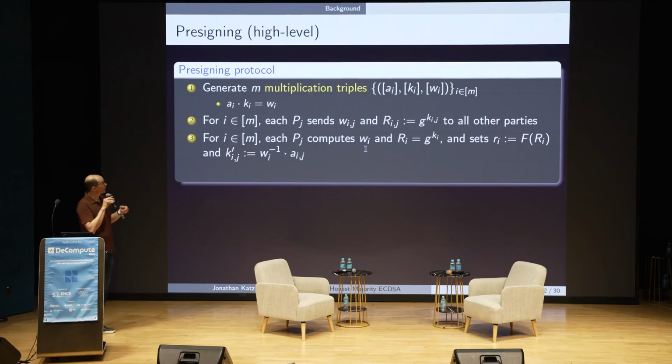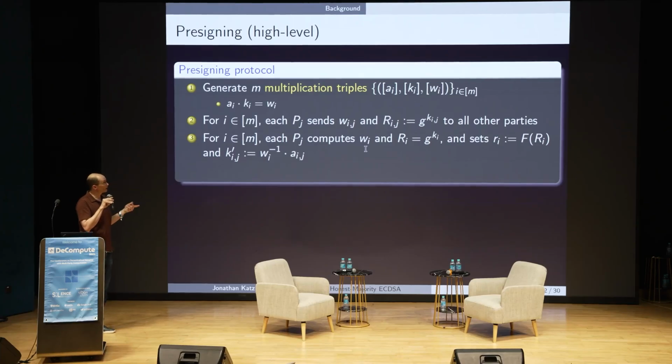And then each party Pj, this is still during the pre-signing, will send for every i the value Wij, namely its share of Wi, as well as g to the Kij, so basically the share in the exponent of the K value, and send that to all other parties.